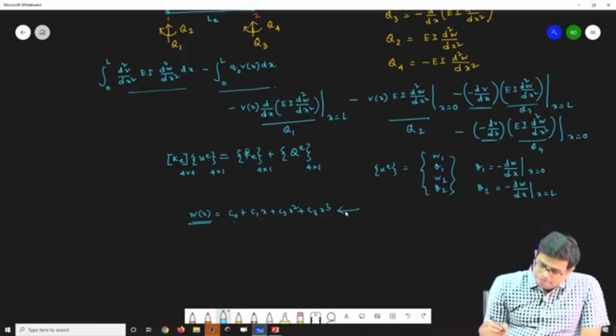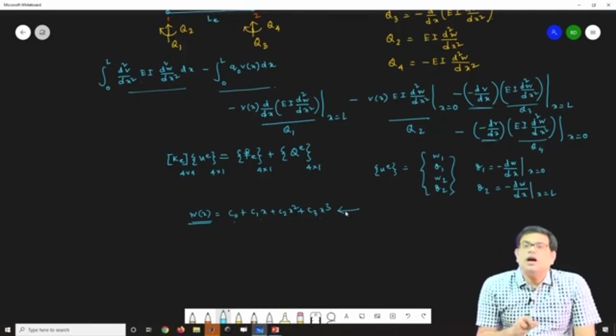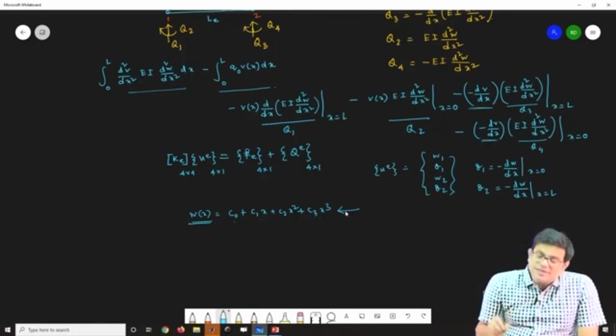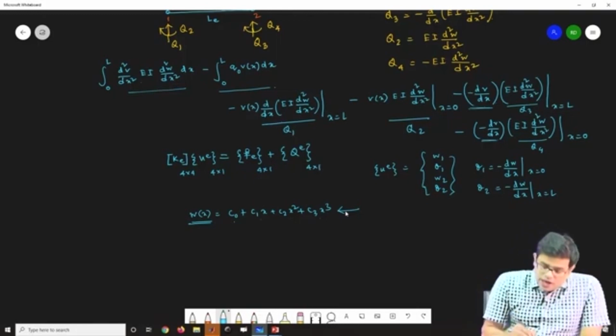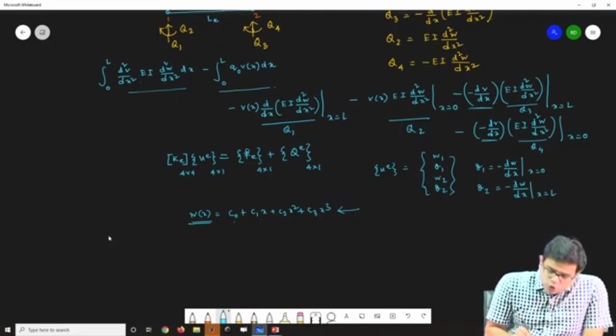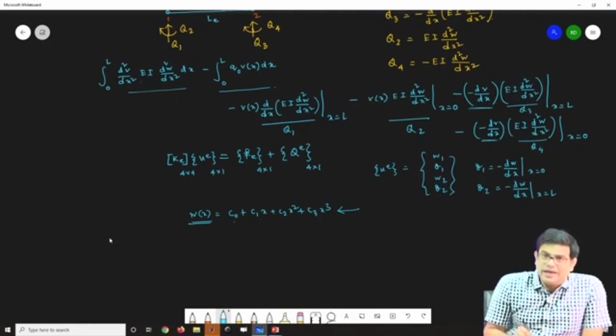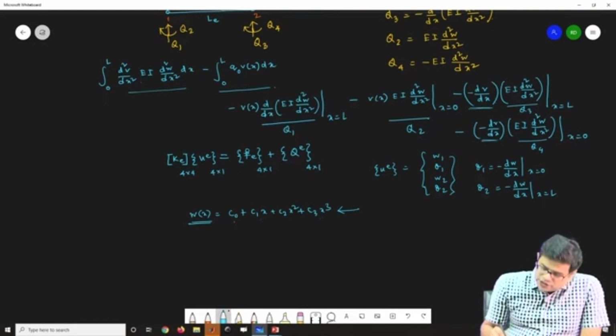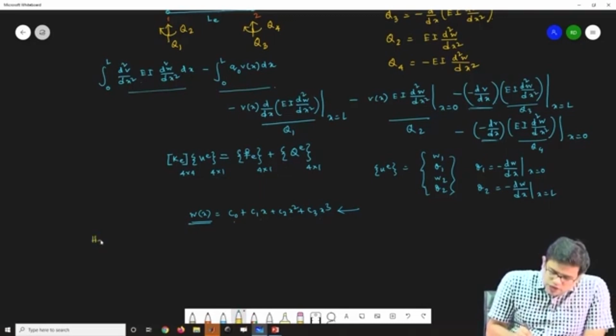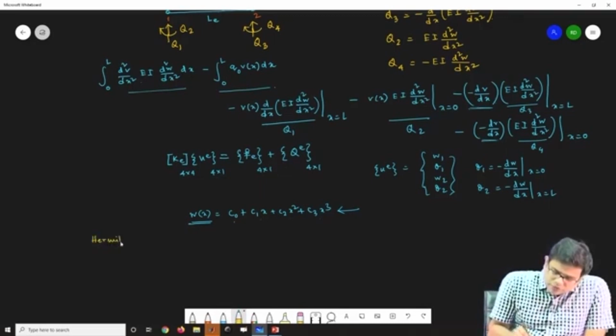To satisfy these criteria we cannot use a Lagrange interpolation function; rather we will use a Hermite interpolation function.